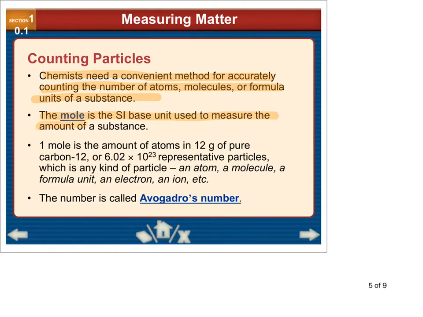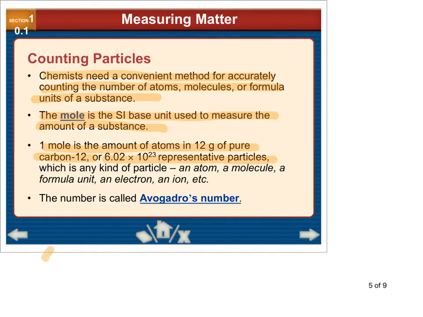Mole, here's our definition, SI base unit used to measure the amount of a substance. It is the amount of atoms in 12 grams of pure carbon-12. Turns out to be 6.02 times 10 to the 23rd particles.